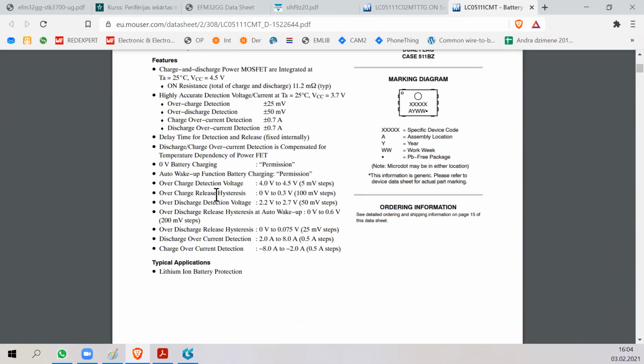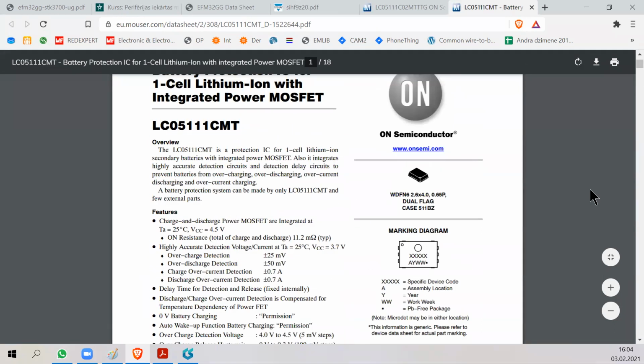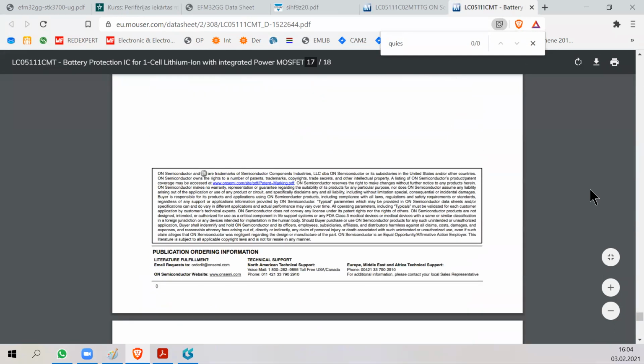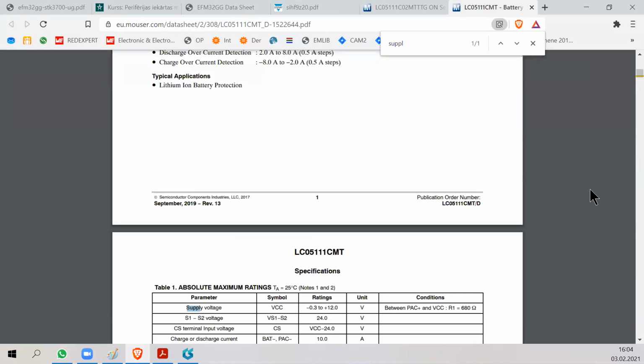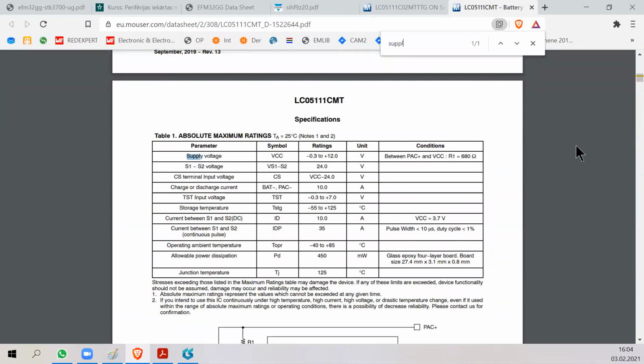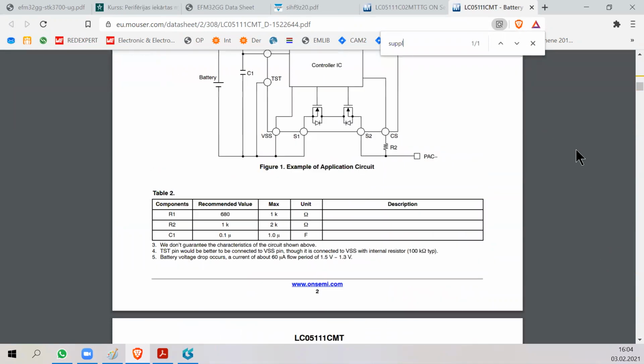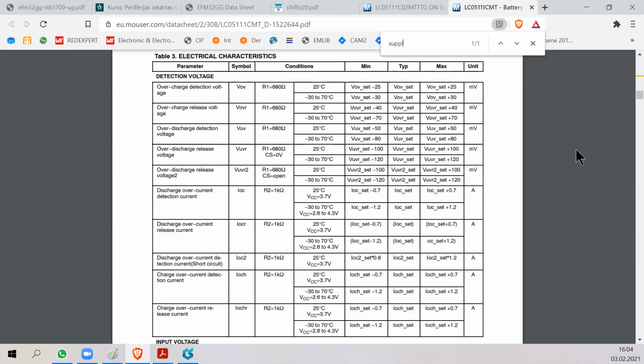Quiescent current of this protection board.